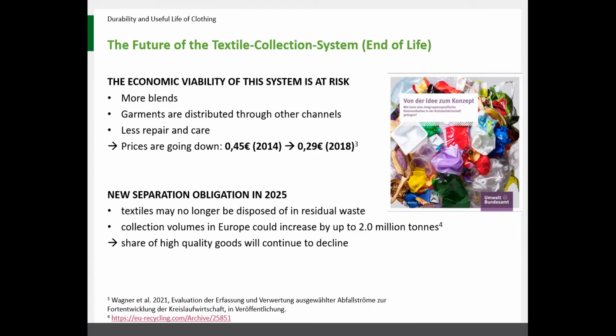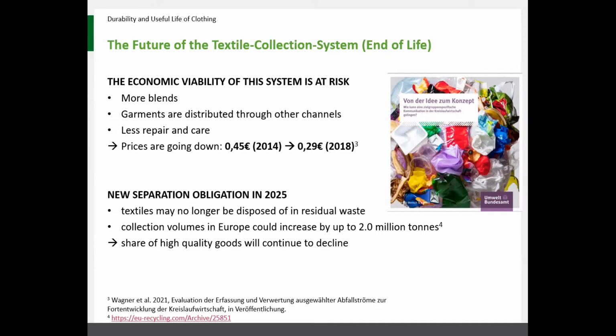First, there are more textile blends, which is difficult for recycling. So in this phase of the life cycle, these garments are worth less at the moment. Second, the high quality garments which finance the collection system are increasingly distributed through other channels like private second-hand platforms like Vinted or eBay.